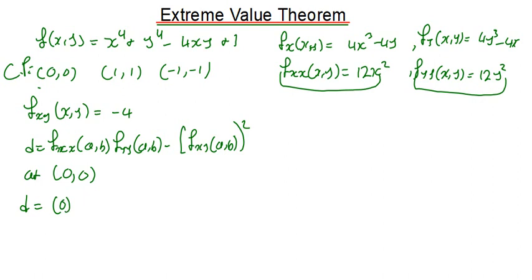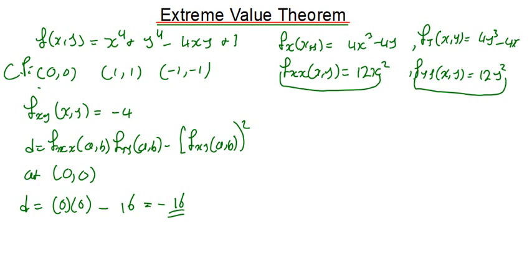We're going to have 0 by 0 minus, what do we have here? We have negative 4, because that's what we get. So negative 4 squared is positive 16, but you're going to say minus 16, which gives us negative 16 as the value that we have.